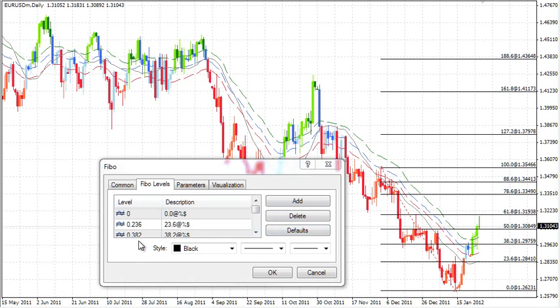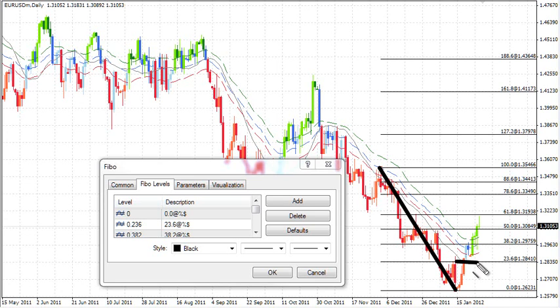Getting back to the levels that I look at, the first column is the actual calculation. So I mentioned this move, right? The two circles that I had drawn from this high here to this low. This is 23.6% of that move. Okay, so if I were to simplify that move and just turn it into a straight line, let's make it really easy to see. Okay, just like that, boom.